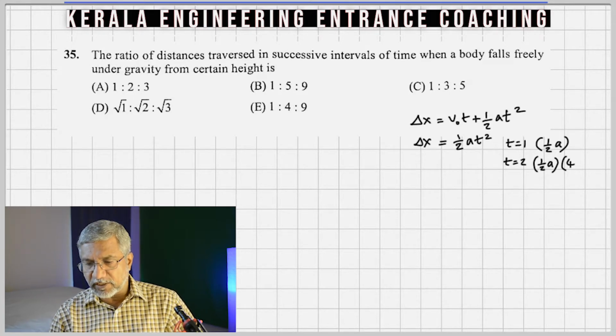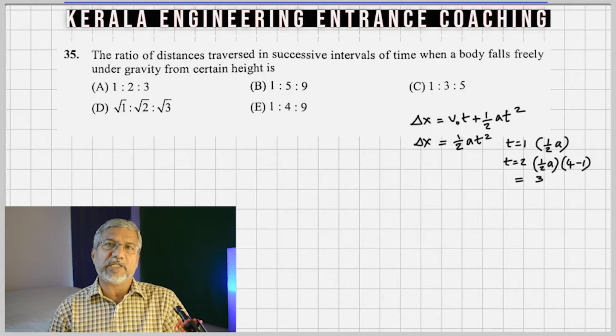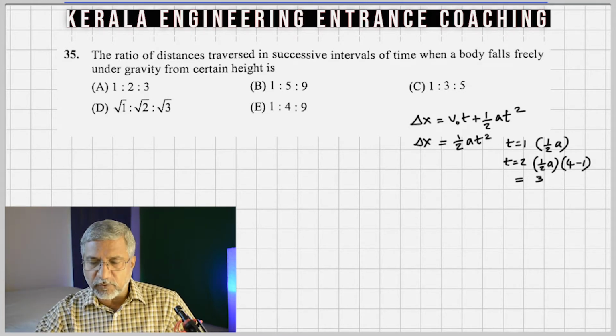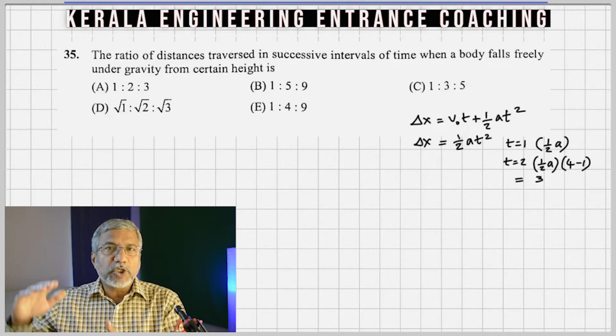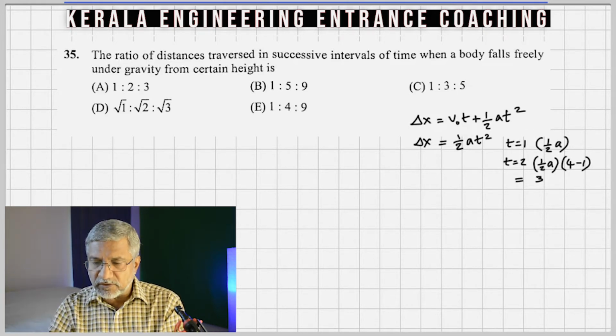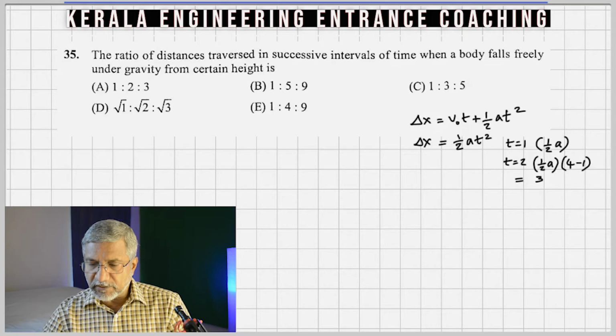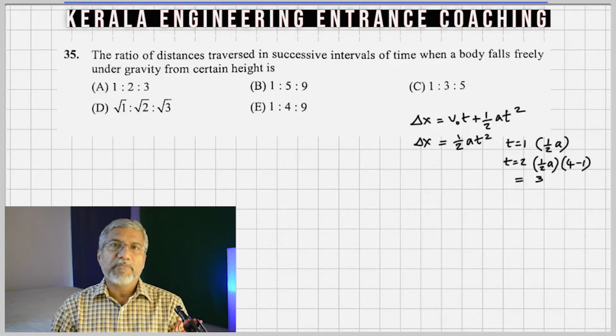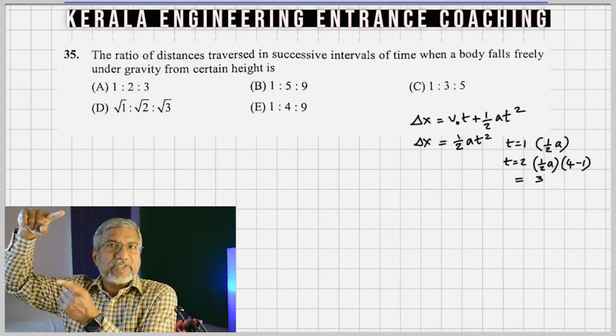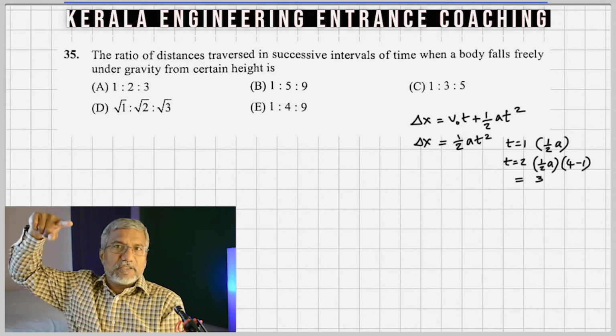half a times 4 minus 1. Okay, what am I doing there? Because 2 squared becomes 4, right? So in 2 seconds, it's going to travel 2 times half a times 4, but it has already traveled something in the first second. Now you got the total.